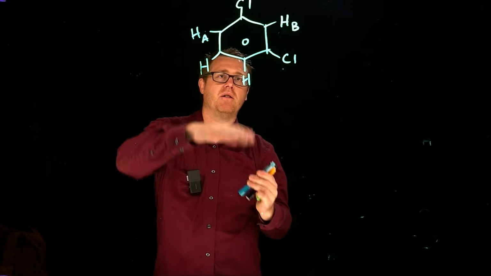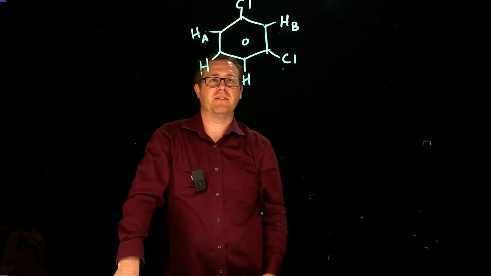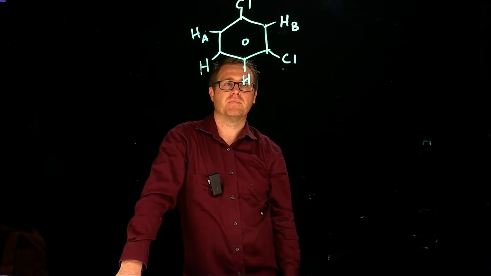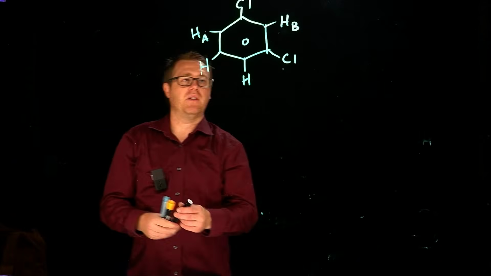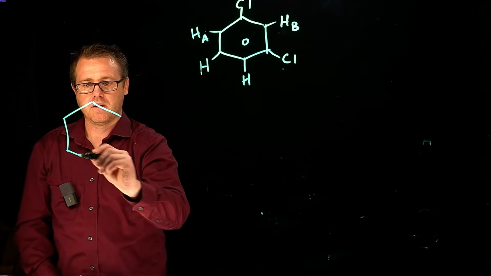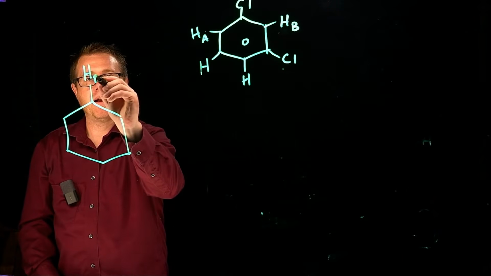If I take this molecule, flip it 180 degrees, would you be able to tell the difference between the two? Let's see here. What if I drew it more like this? So I'm going to put HB right there.